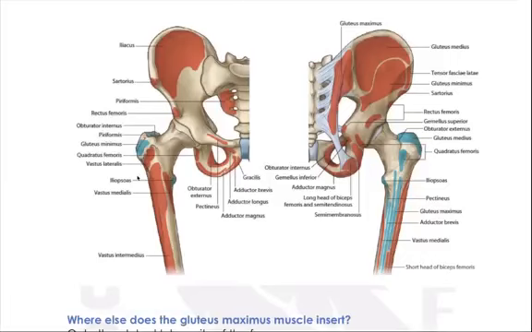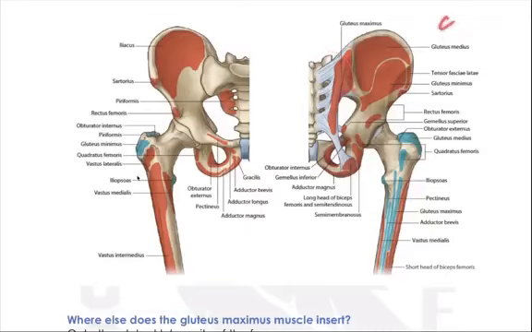Abduction. Okay, so if there is an injury to the superior gluteal nerve, that means there will be less abduction of that side. That means it cannot hold the hip in the same position, right? That means there will be sagging. Where? On the opposite side.